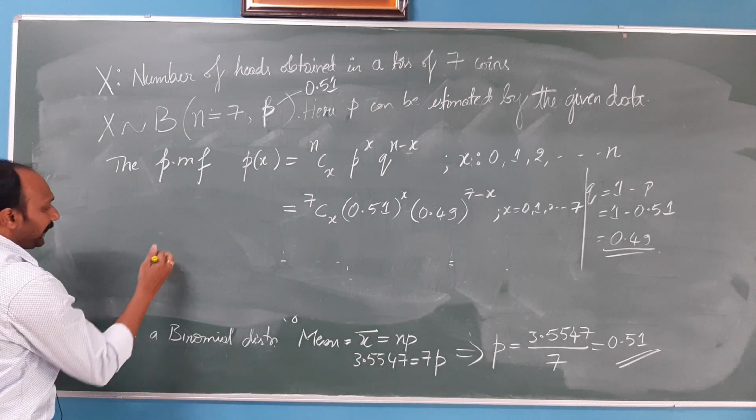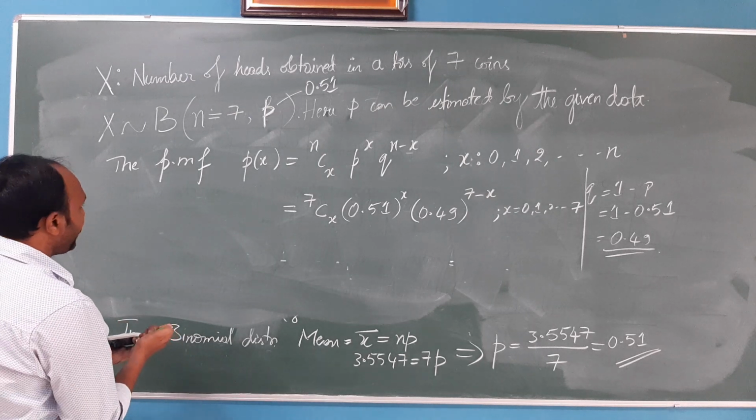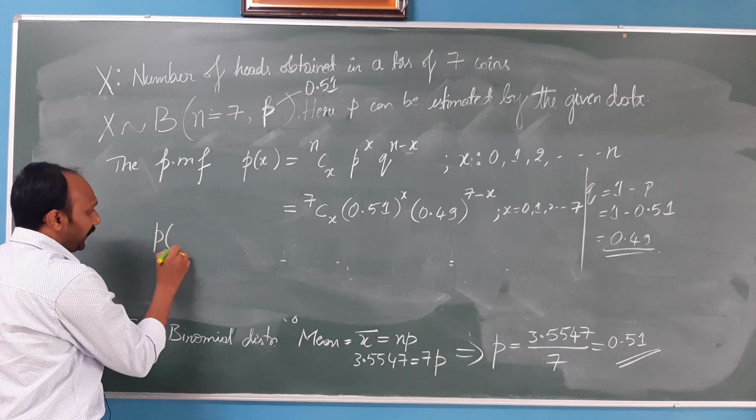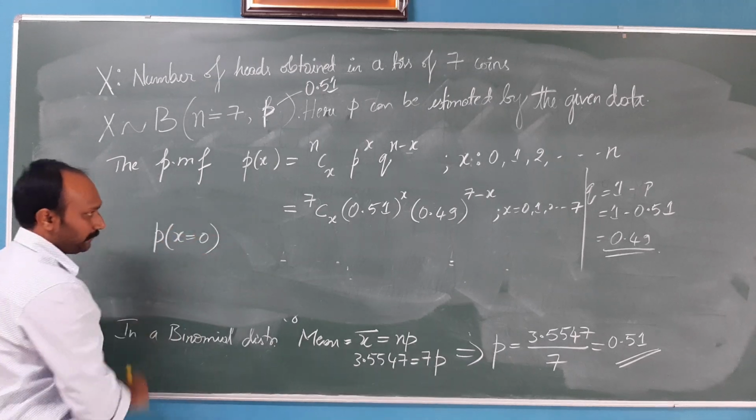Now let us find the probability of x taking the value 0.